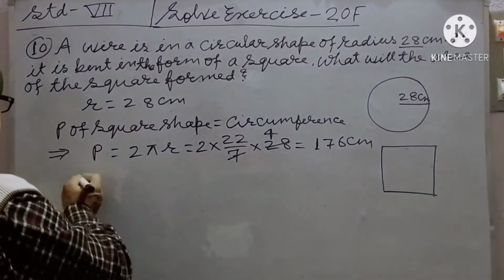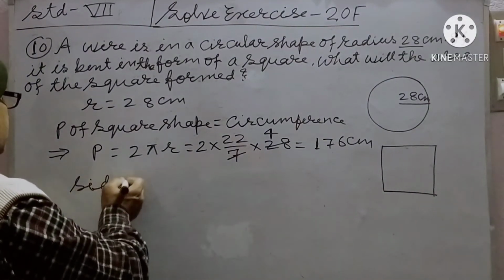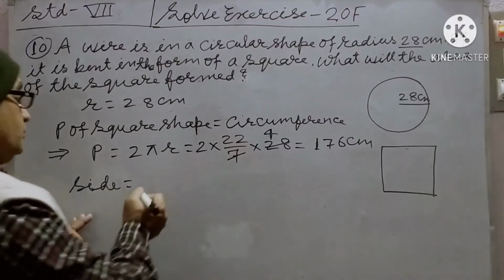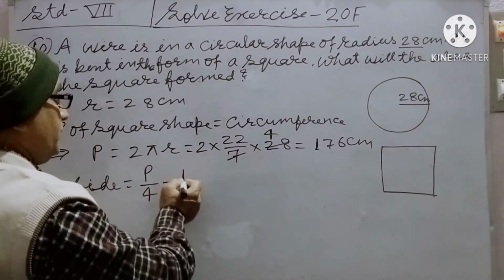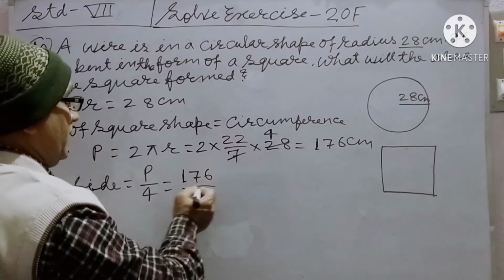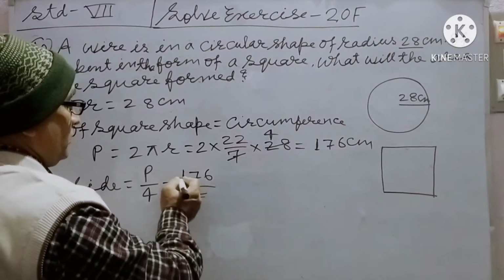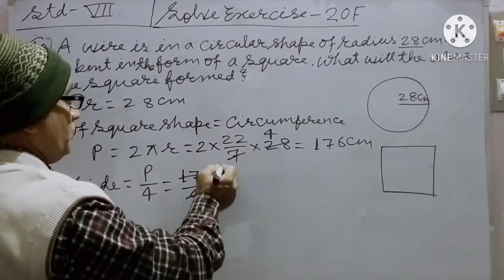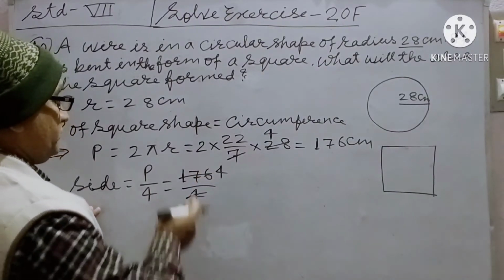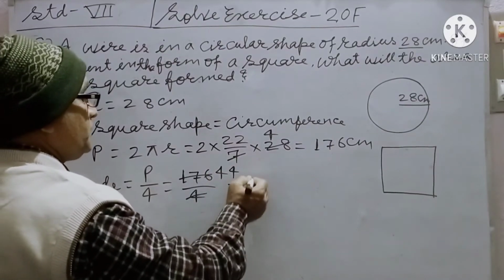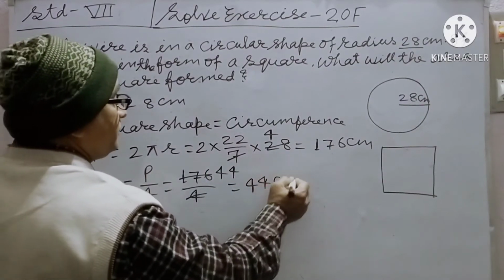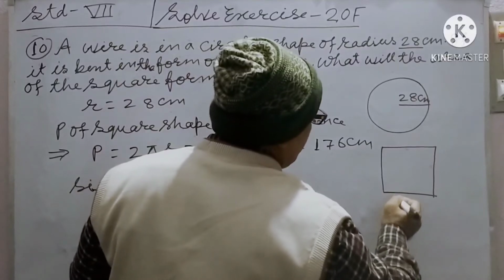So side equal to P by 4, perimeter by 4. That means 176 by 4. 4 fours are 16. That means 44 cm. Side is 44 cm.